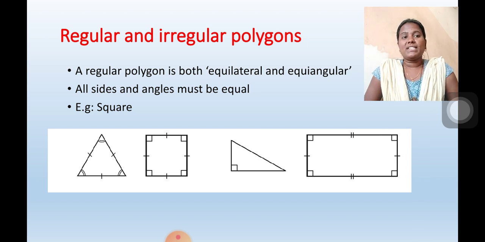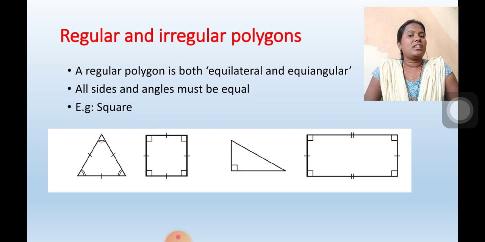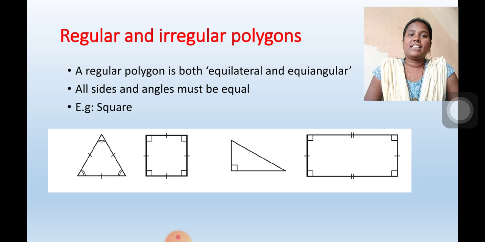Only the opposite sides are equal and parallel. Therefore all the sides are not equal here, but all the angles are equal. The condition for a regular polygon is what? It should be equilateral and equiangular. Therefore, a rectangle is not a regular polygon, it is an irregular polygon.